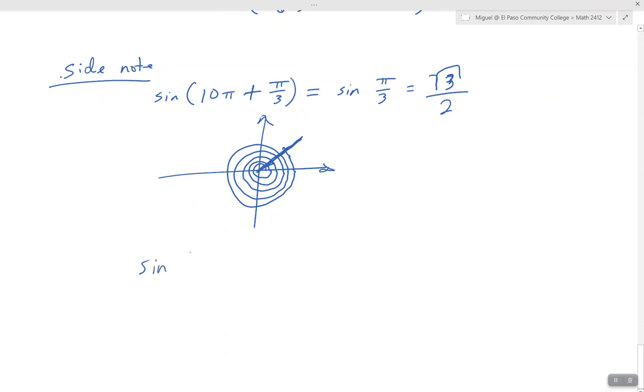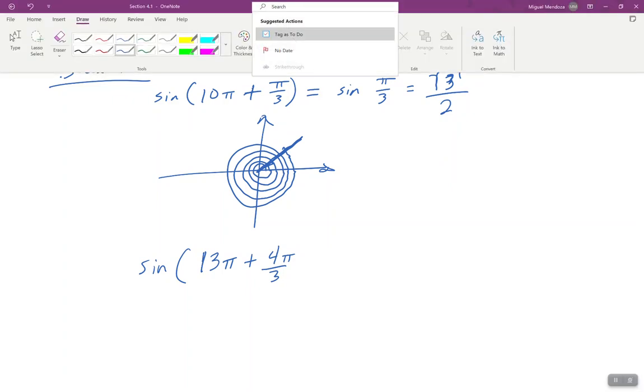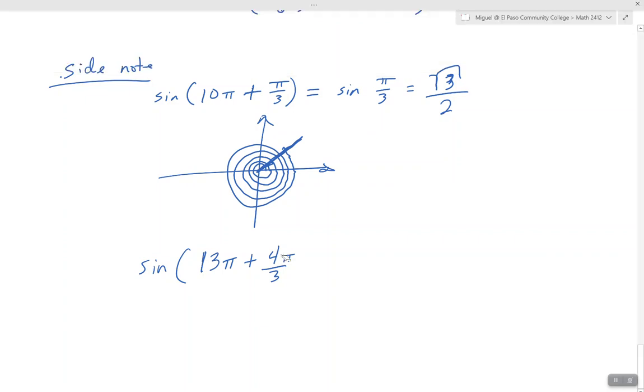Remember that sometimes you might need to do half turns. So for example, sine of, let's do 13 pi plus, actually no, this is too big. Let's save the confusing ones for later.